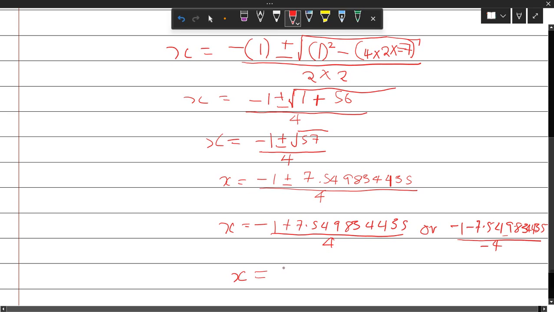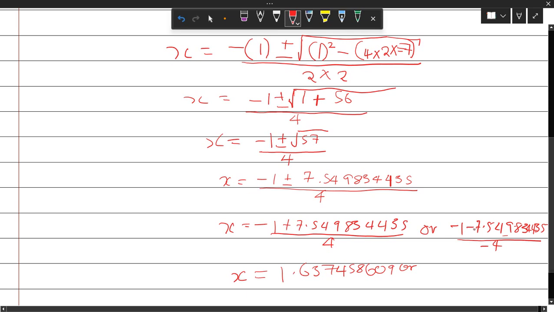So you take this number, subtract 1, divided by 4, and it will be 1.6374586094. Then for this one, -1 minus 7.54 will be -8.54, then divided by 4.